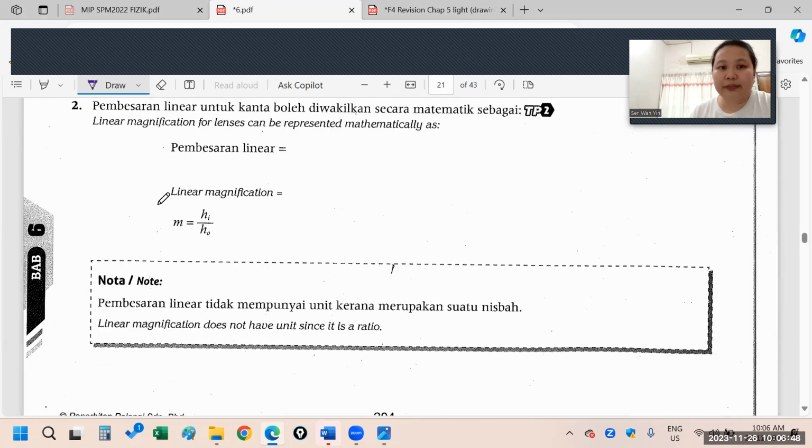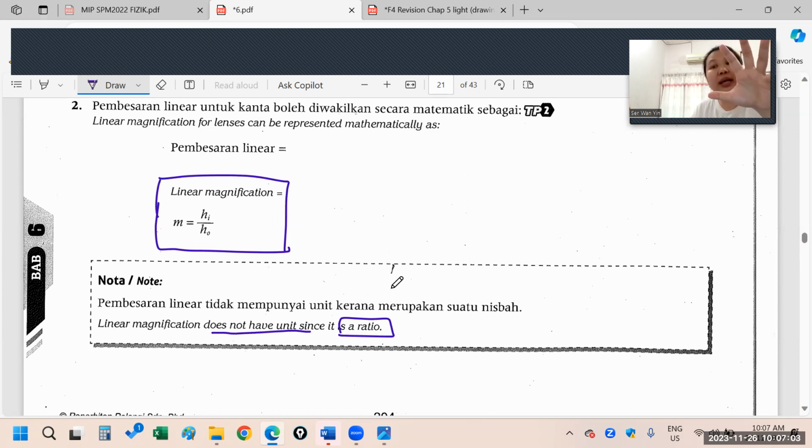So here we have the linear magnification. M equals HI over HO. Linear magnification does not have units since it is a ratio. How much it magnifies or how much it diminishes.